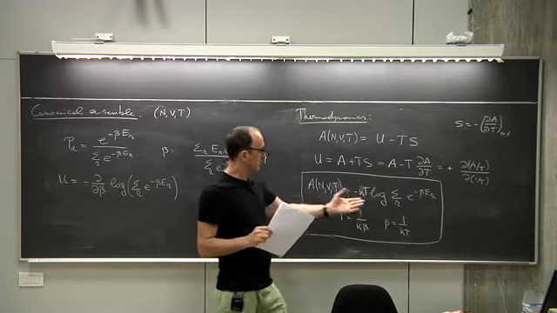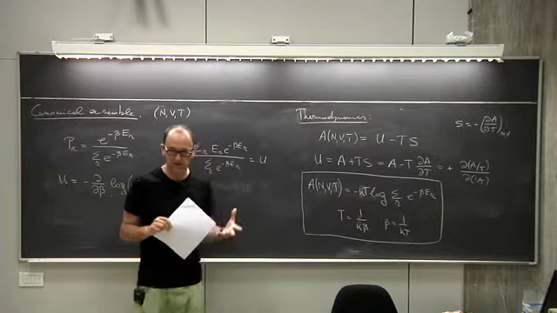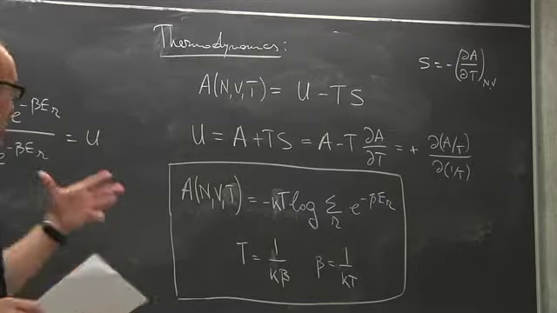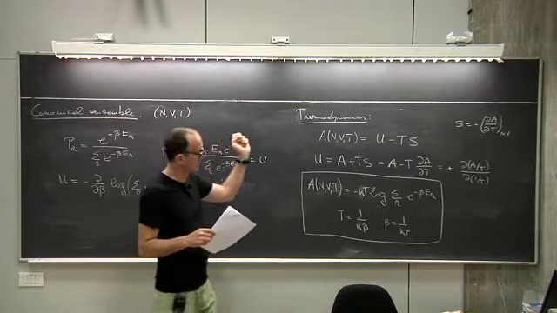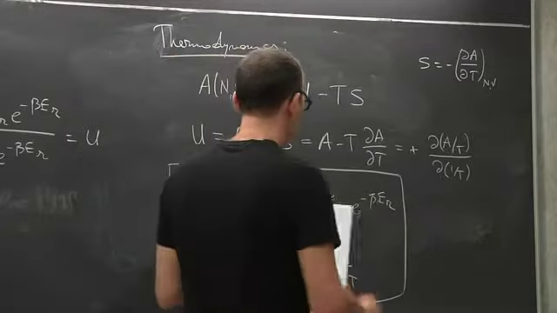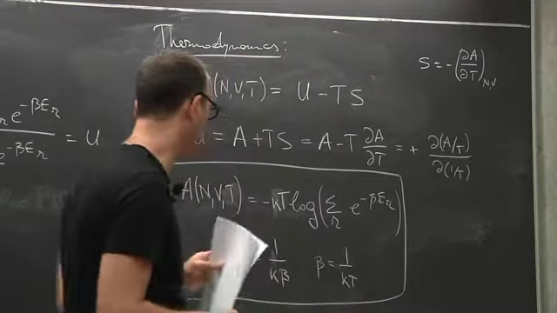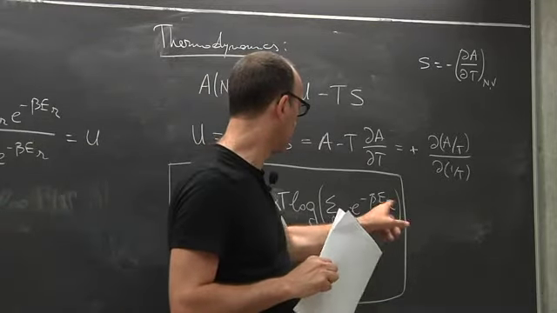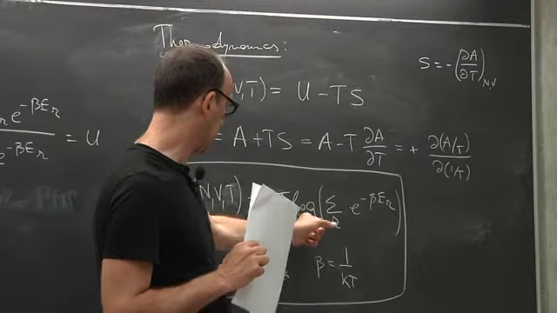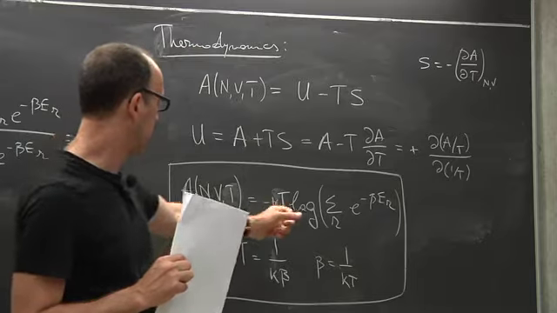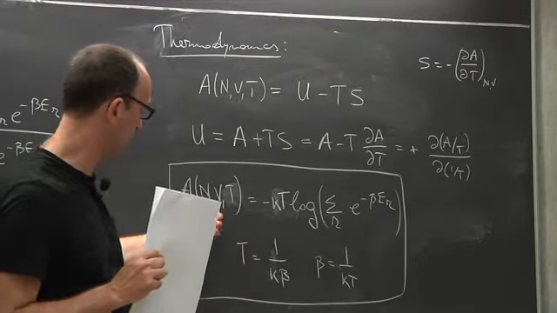So the key, if you want to compute the physical properties of a system at constant temperature, volume and number of particles, is to compute this sum here, the sum over the states of e to the minus beta times E_R. And then if you take the log, multiply by kT and change sign, you will have the Helmholtz free energy.